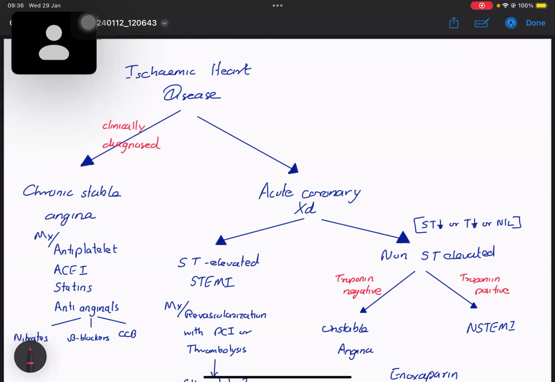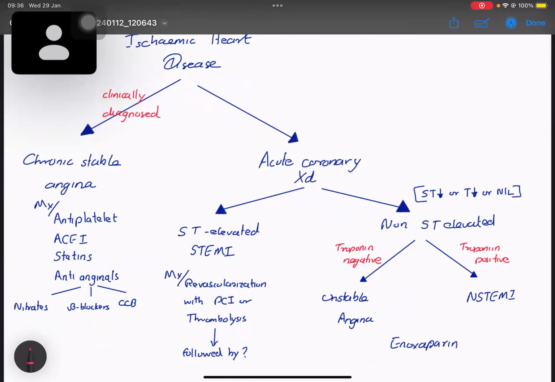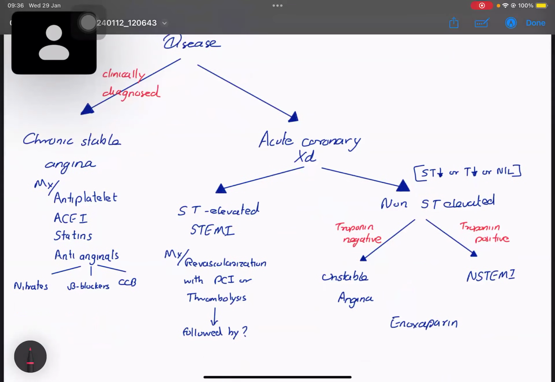This is known as chronic stable angina, which is a clinical diagnosis. On the other hand, there's acute coronary syndrome, which is quite a serious, life-threatening thing, and which is also discussed in your emergency vivas as well.